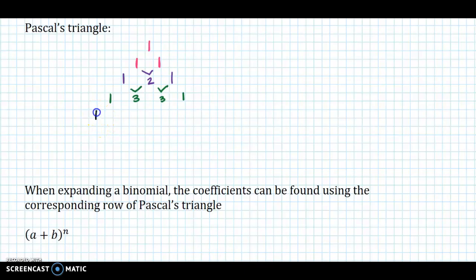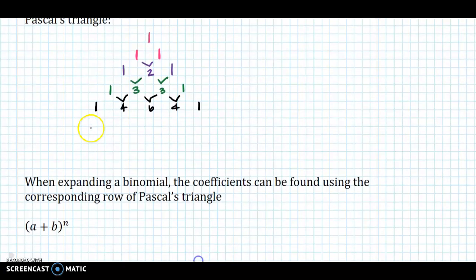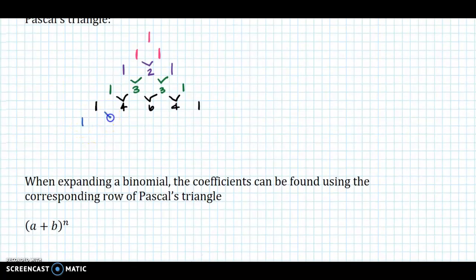And then you will have 1, then 4, then 6, then 4, then 1. Then your next row would be 1, then 5, then 10, then 10 again, then 5, and then yet again a 1 on the end.